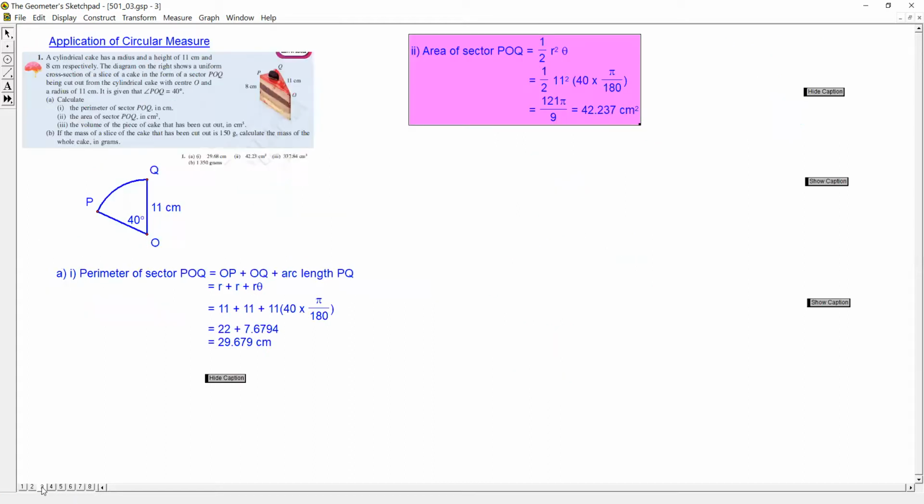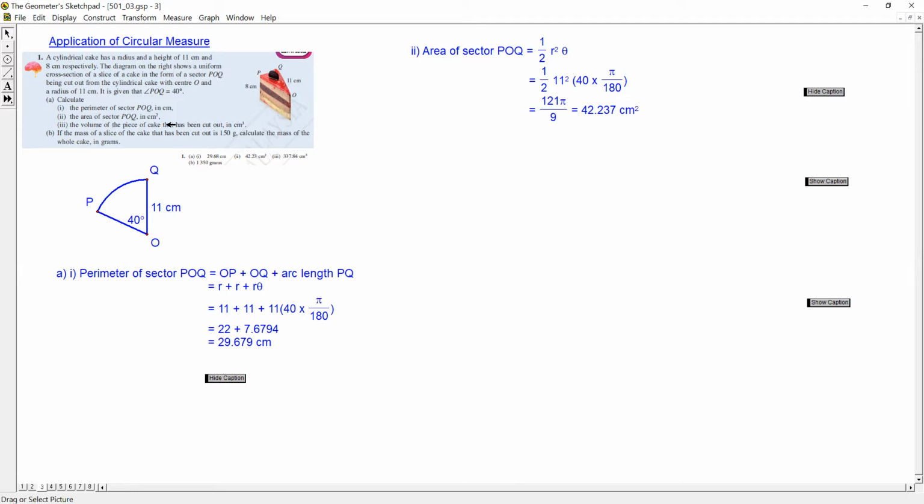Whereas this here, 121 pi over 9, is not very nice, so I change it to a decimal number. So you know why I do this, Li Ying? Okay, understand. So the funny ones I change, the very nice ones I don't change.